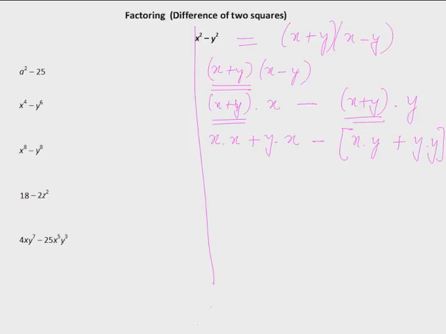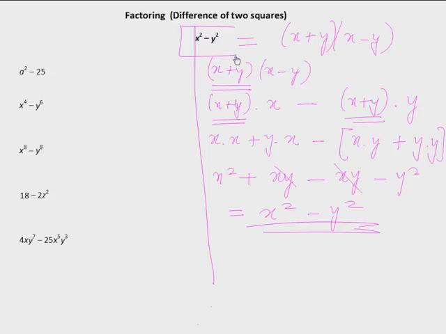Here I have distributed y across x plus y. So this becomes x square plus y into x, which is the same as x into y, minus xy minus y square. Remember there's a minus outside the bracket, so it becomes minus y square. The xy's cancel and this becomes x square minus y square as we wanted.